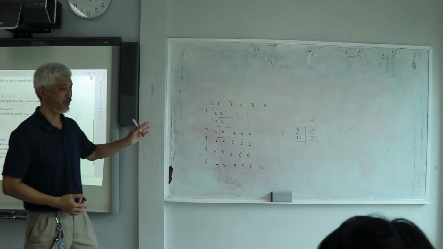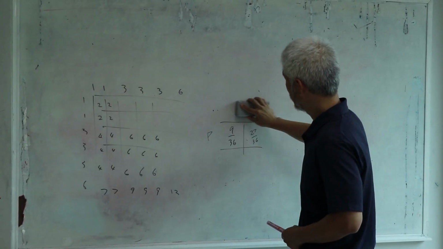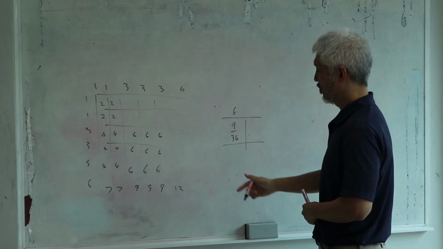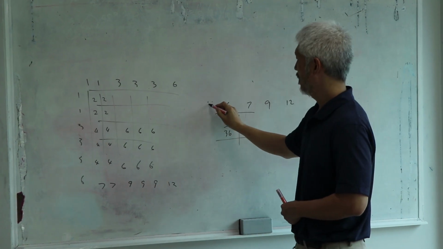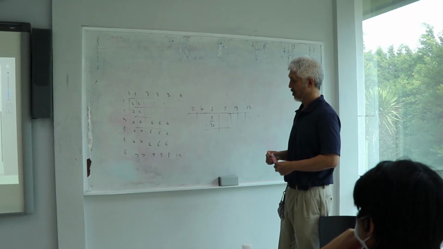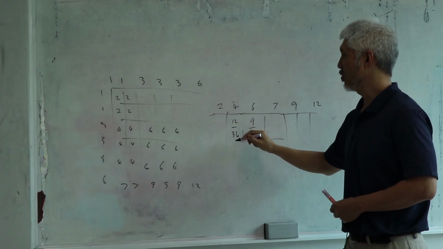What do you do? Let's say you fill up the whole table, what would you do? 9 out of 36 is when you get 6. Let's just do this. 6, right? Then you just make others. We got 7, we got 9, 12, right? And 4, 2. Make a table for that. So how many 4s are there? 12. Yeah, 12, right? 2s would be 4, I think.